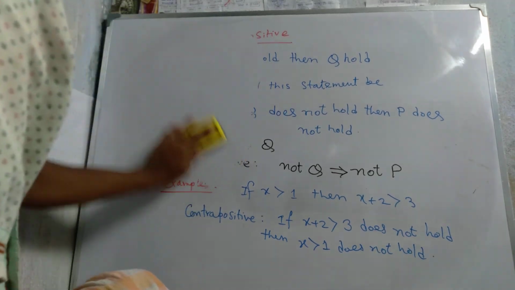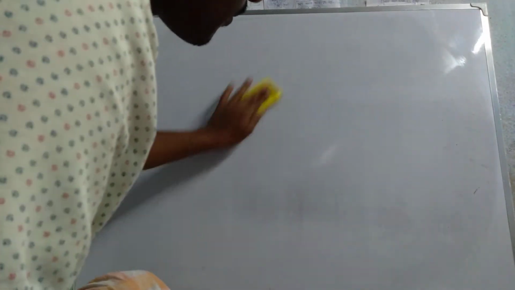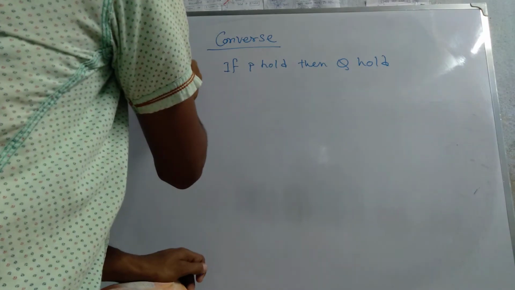Now next we know the converse. The converse of a statement is used in any theorem where we prove it conversely. Converse means: if P holds, then Q holds, this is the statement.